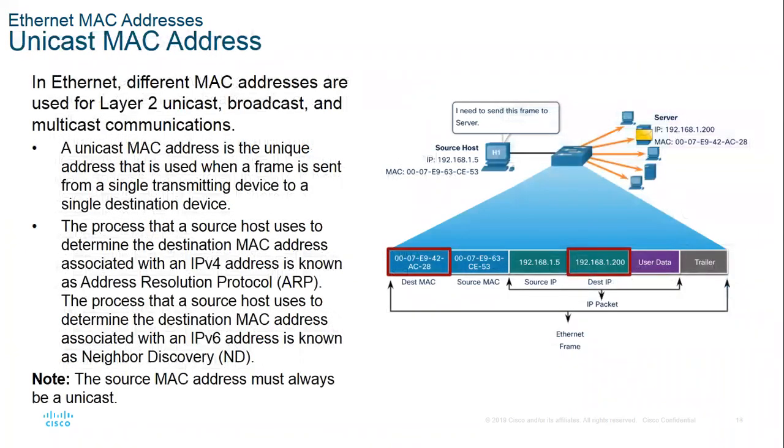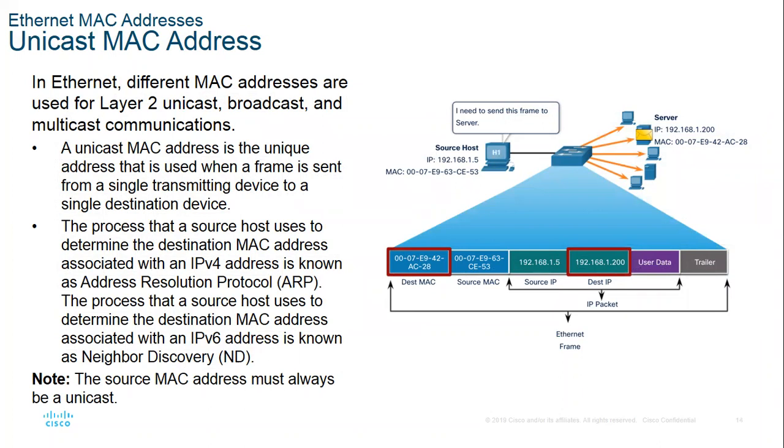In Ethernet, as I said before, we can have unicast, broadcast, or multicast addresses, used for unicast, broadcast, and multicast communication. Every host should have a unicast MAC address. So every network interface card residing on any type of device has to have a unicast MAC address.